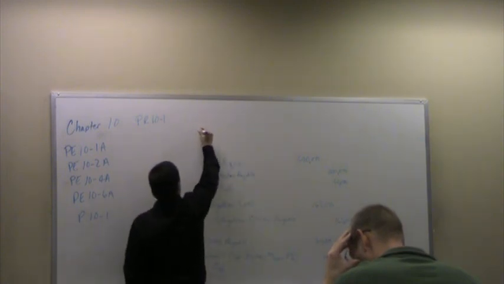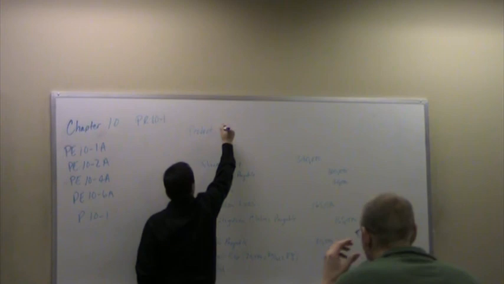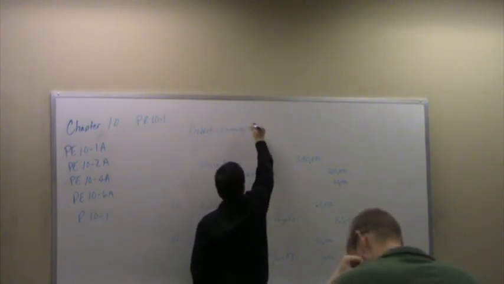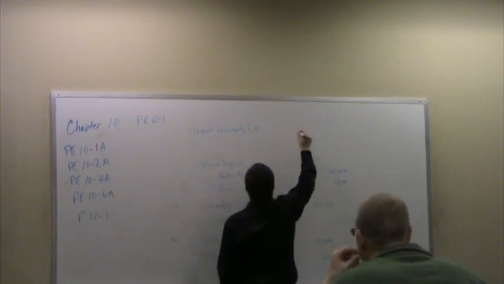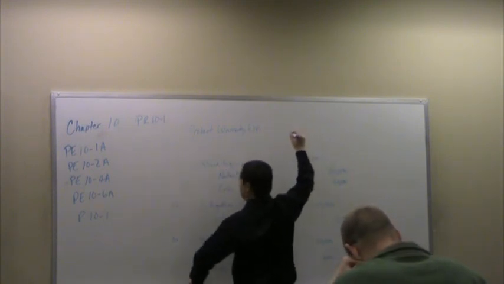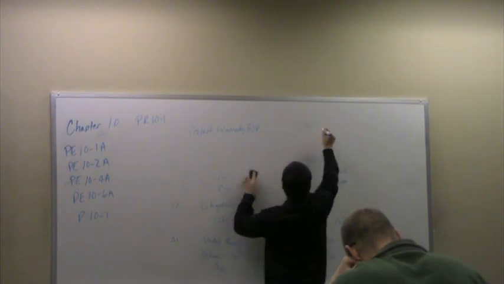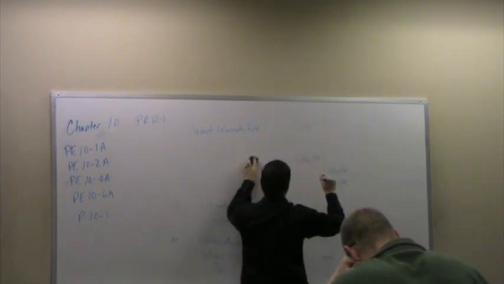Product warranty expense. I like it. That's good. And then what was the amount on that? 32,500. Okay, now what is going to be my credit?